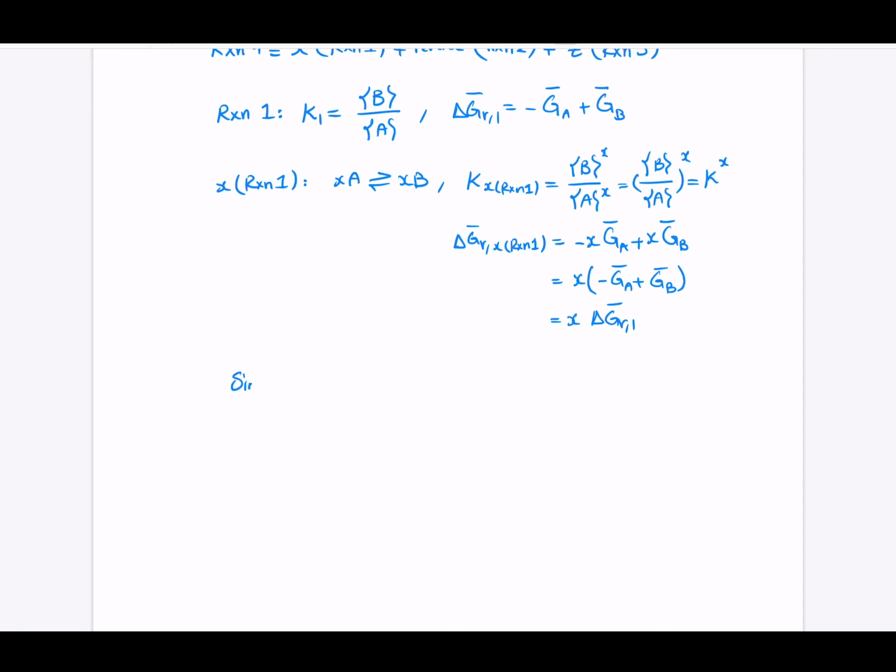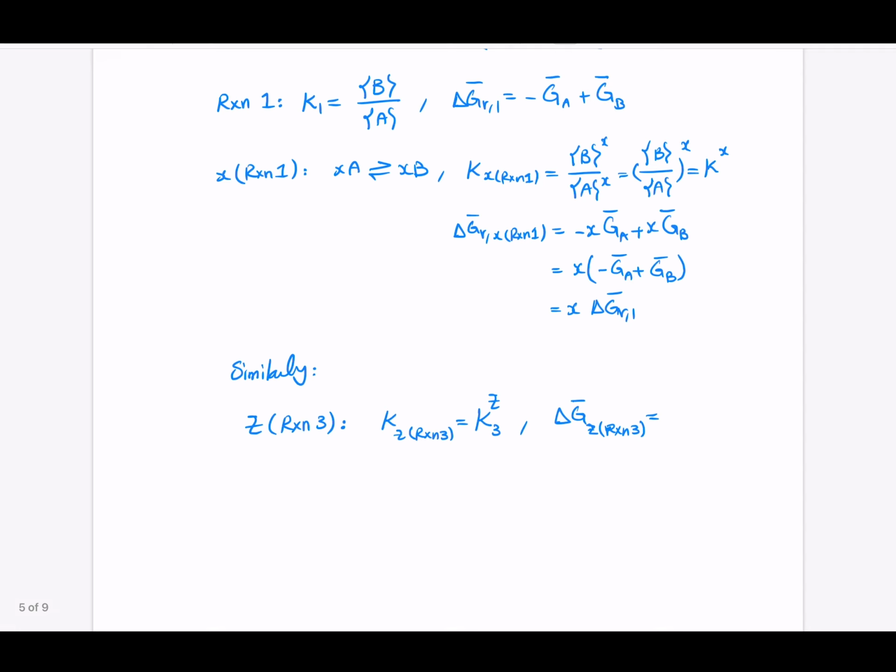So similarly, we can do it for reaction 3. It was Z times reaction 3. So K of Z times reaction 3 would be K3 to the power of Z, and delta G would be Z times delta G of the original reaction 3.